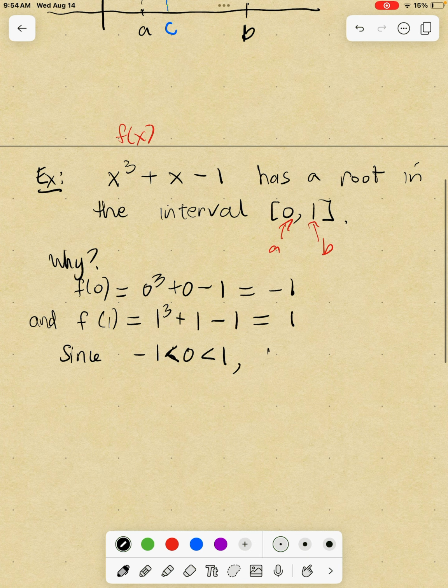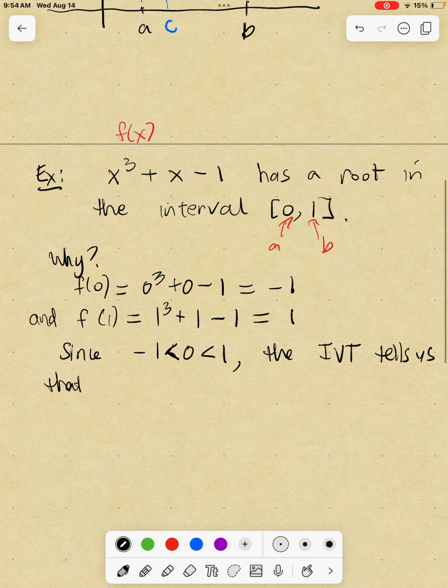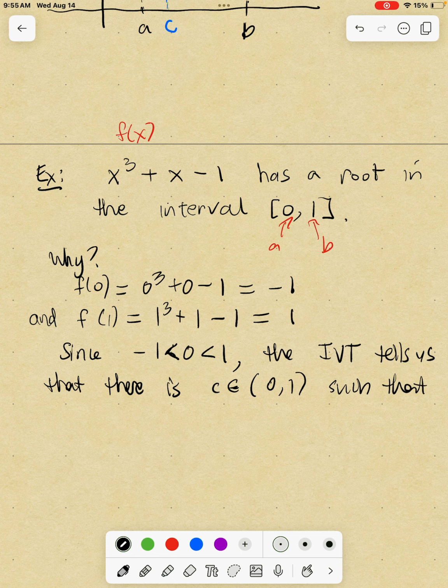So the intermediate value theorem, I'll just call it IVT, tells us that there is a c in the open interval from a to b, c between 0 and 1, such that f of c equals 0. Okay.